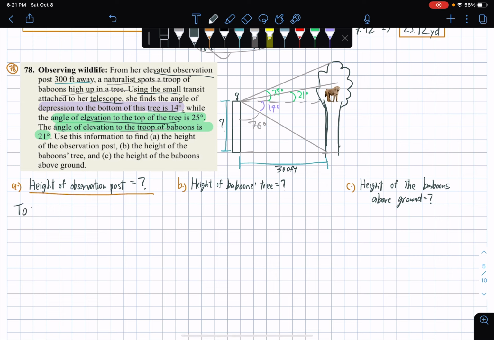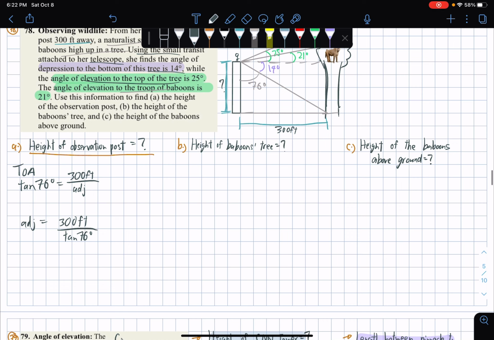So we use TOA. Tangent 76 degrees is equal to 300 feet over the adjacent. So let's just say this is the adjacent. Put adjacent here, and 300 feet over tangent of 76 degrees.